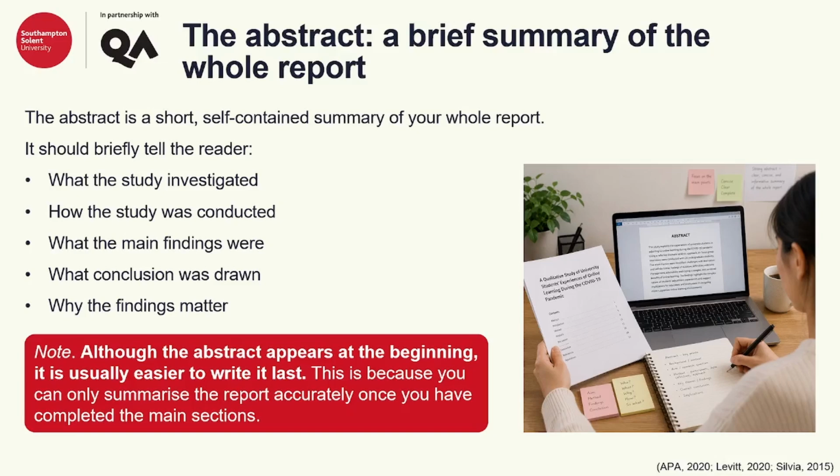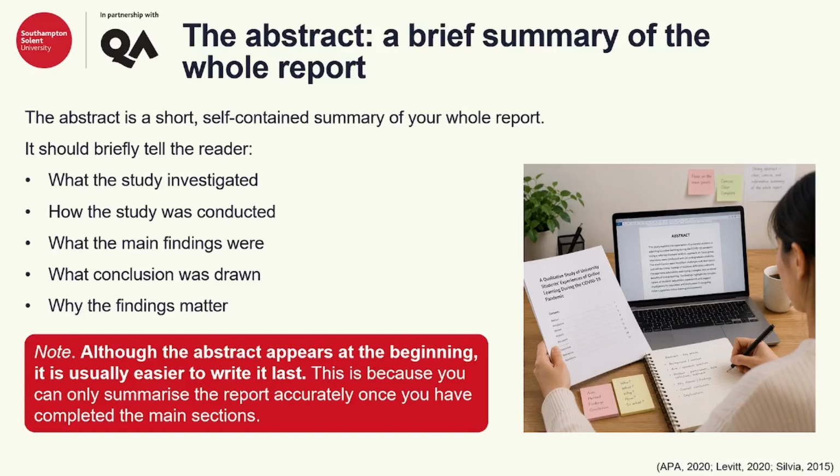If you write the abstract too early, it may describe what you intended to find rather than what the complete report actually presents. A practical approach is therefore to complete the introduction, methods, analysis, and discussion first. You can then return to the abstract and identify the most important information from each section.